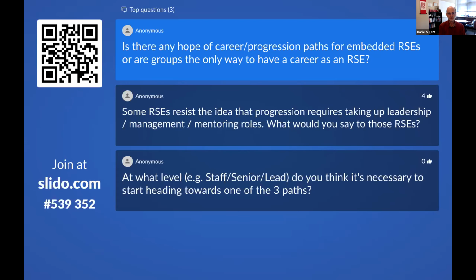When people are embedded, they're more separated in some sense, and so they have to again have this informal communication or some kind of a group that forms to include the embedded RSEs, where they can talk together and can figure out how to talk to their managers collectively about their needs for career paths. But I think that it's going to be harder when the manager is not focused on their careers to begin with. Yeah, I think you're right.